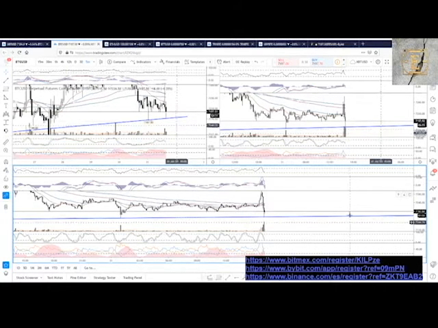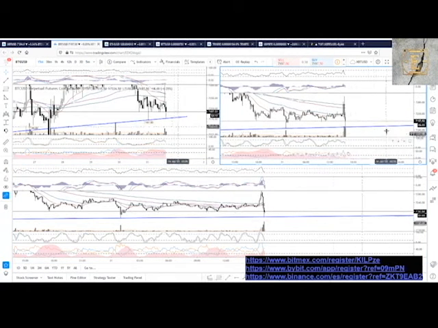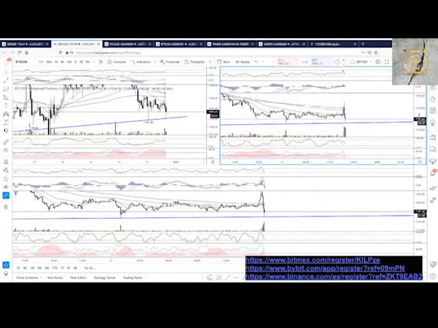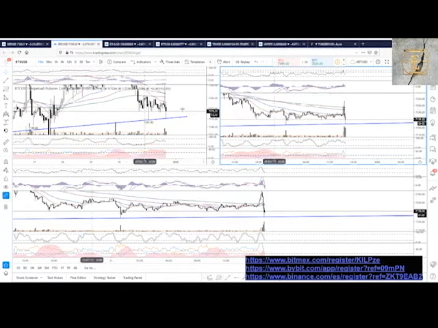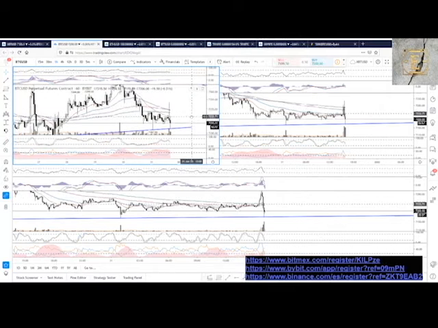The 15 minutes is even in stochastic far away from oversold. RSI, let me see, this is coming to the zero line, so I don't see price going up again. Look how my entry was near the top in this case.